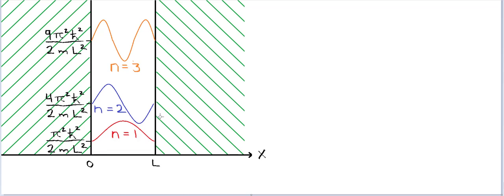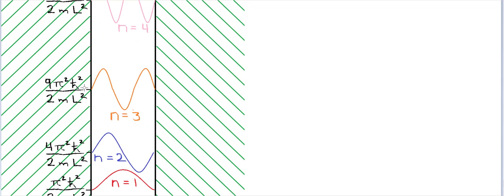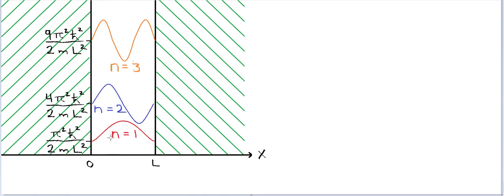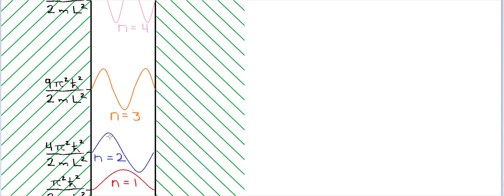The first excited case, the n equals 2 state, has 4 times as much energy, right? And so it is 4 times higher up on this plot. The third one, the n equals 3 case, the second excited state, has 9 times the ground state energy. And the fourth one, the n equals 4 case, has 16 times as much energy as the ground state energy, n equals 1 case.